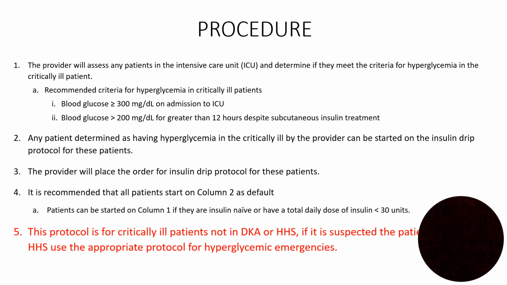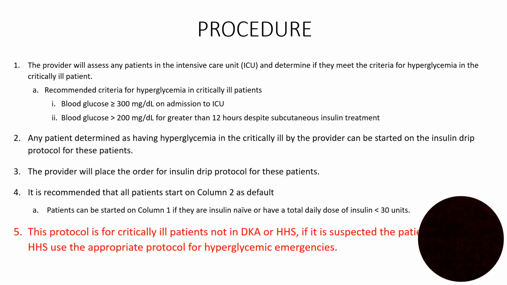Any patient determined as having hyperglycemia in the critically ill by the provider can be started on the insulin drip protocol. The provider will place the order for insulin drip protocol for these patients. It is recommended that all patients start on column 2 as a default.